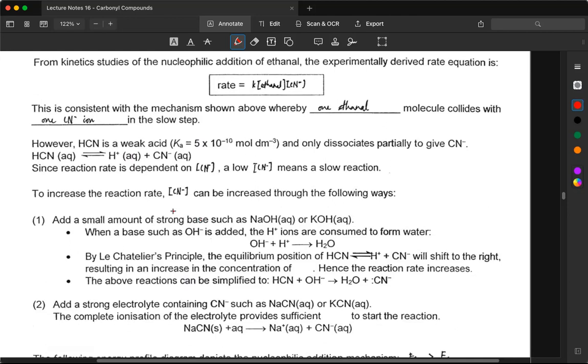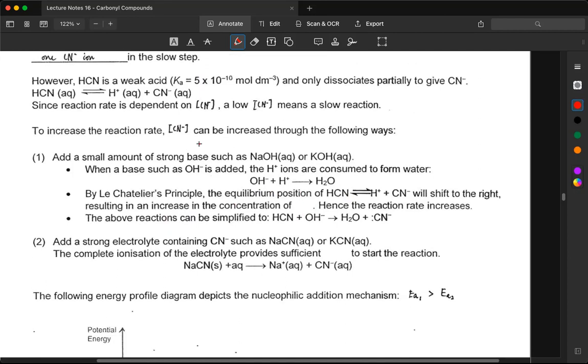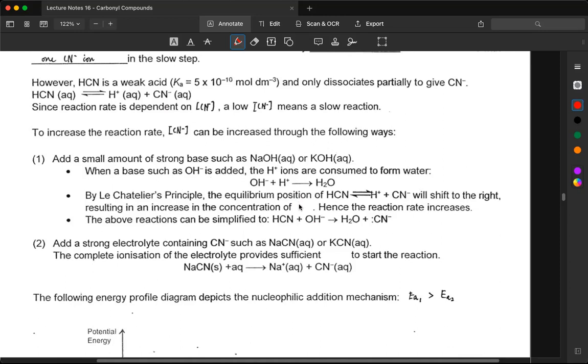To increase the reaction rate, the concentration of CN- can be increased by adding a small amount of strong base. When you add a strong base, the H+ is consumed, so by Le Chatelier's principle the equilibrium position will shift to the right to produce more CN-, increasing its concentration.